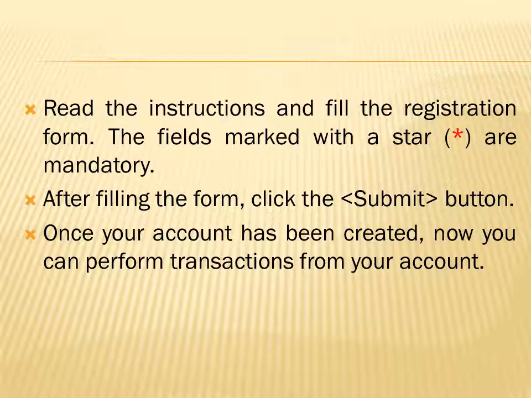You have to read all the instructions carefully, and then only fill in the registration form. The fields marked with a red star are the compulsory, mandatory fields. After filling the form, you then click the submit button.